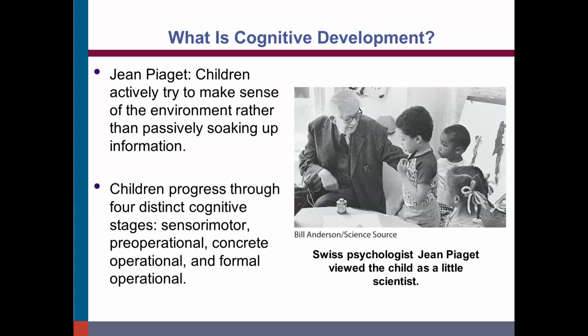So sensorimotor refers to their first phase. Their cognitive processes are prompted by their interaction with the environment through their senses. I mentioned that infants tend to engage in things like tasting, sucking, grasping.